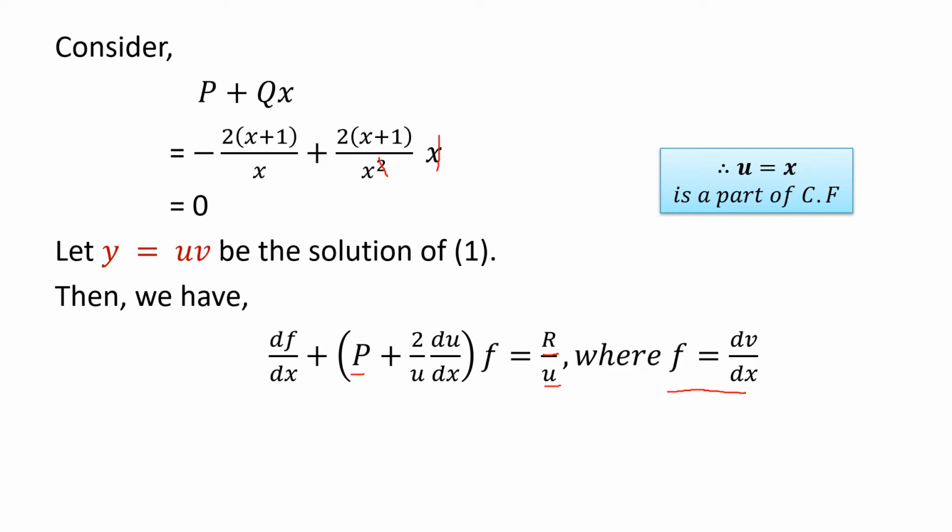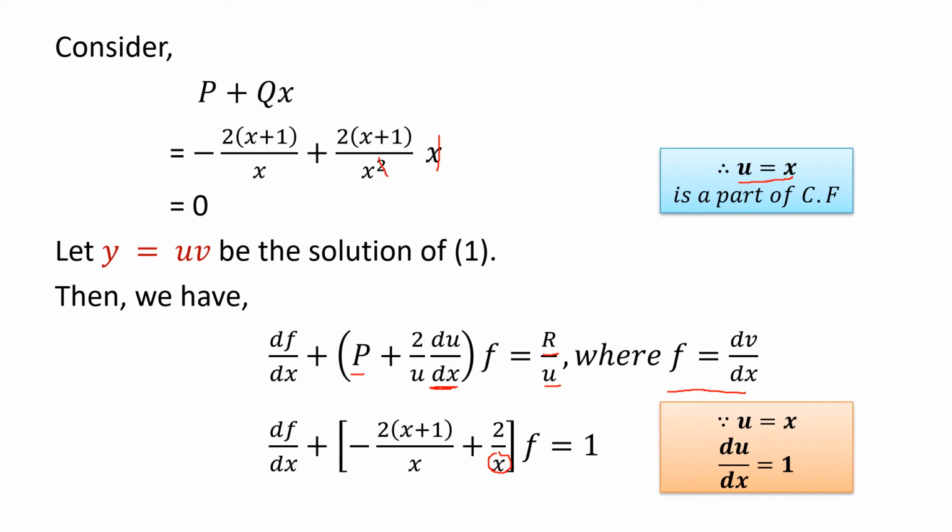So if you substitute those values, we get df by dx plus the value of p is minus 2 into x plus 1 by x plus 2 by u. The value of u is x. Observe carefully, the value of u is x, therefore du by dx is equal to 1.